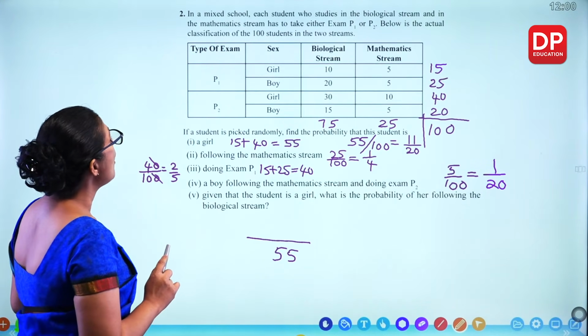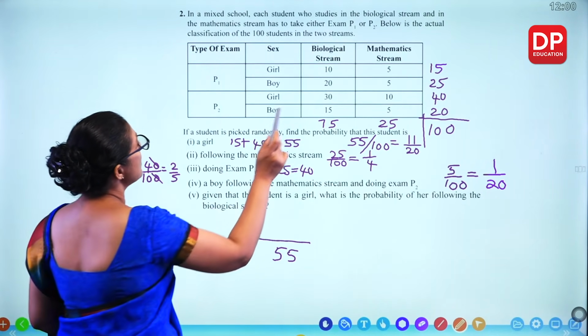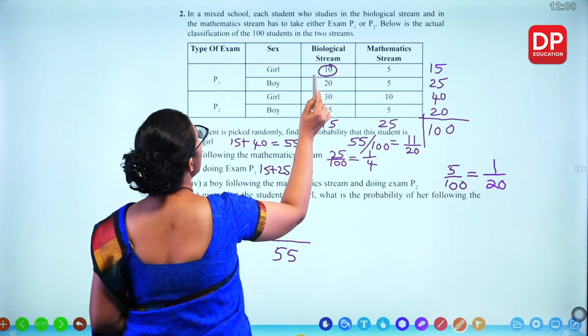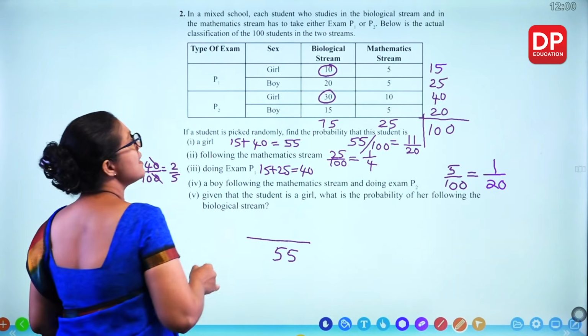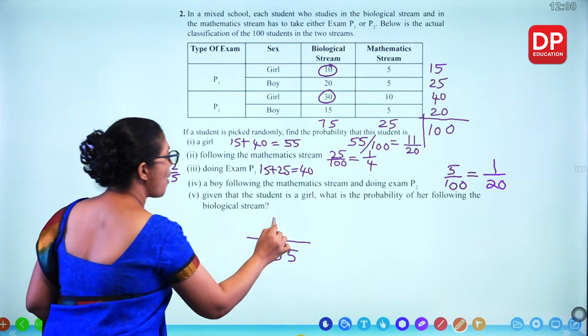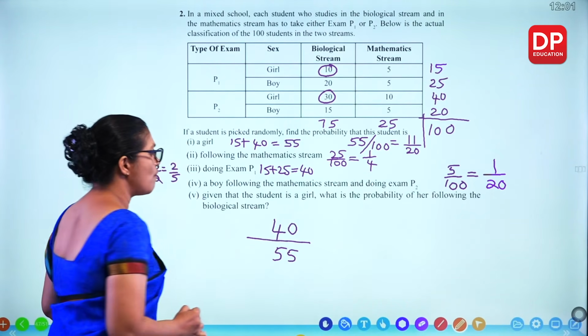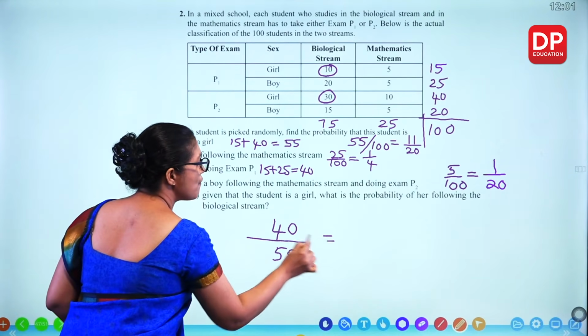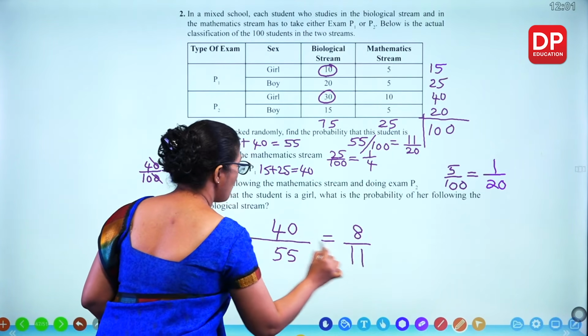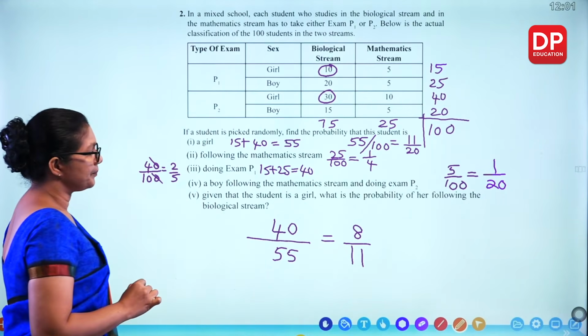Here we can find out using this 10 and this 30. 30 plus 10 is 40. So the probability is 40/55. Simplify further, divide by 5. You get 8/11.